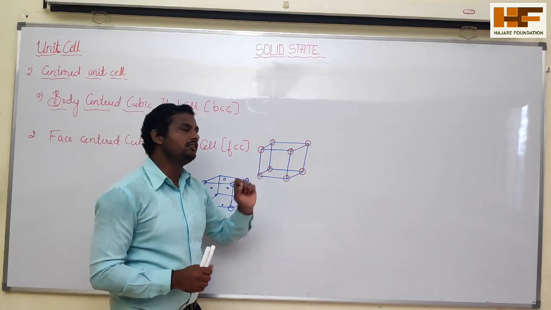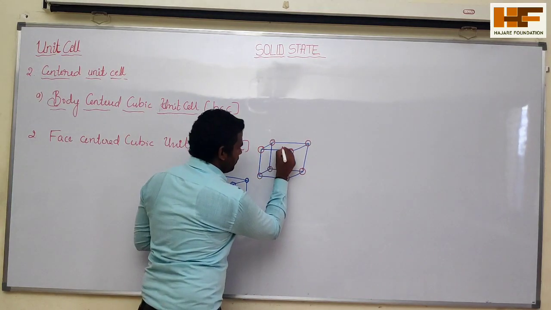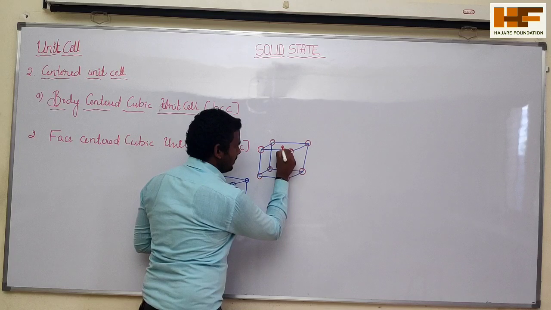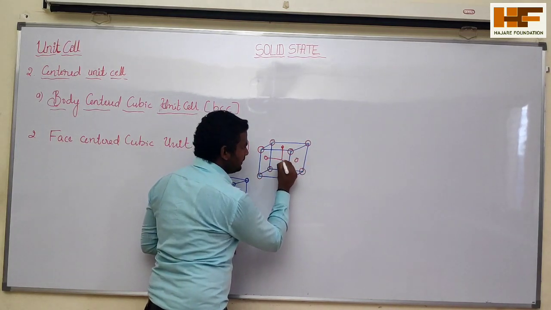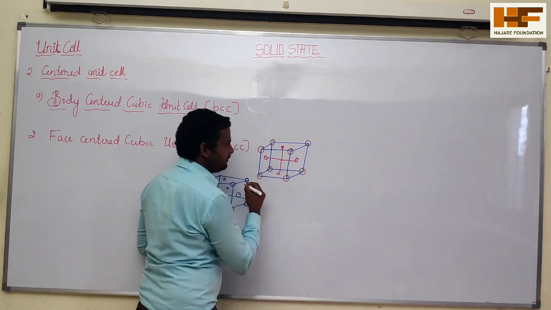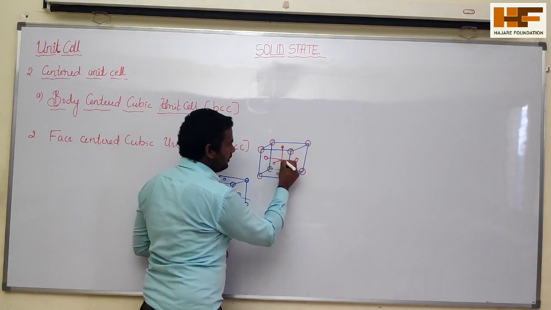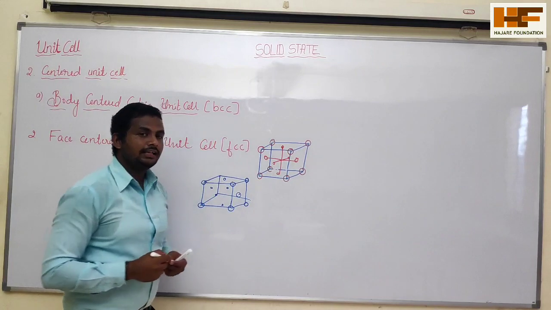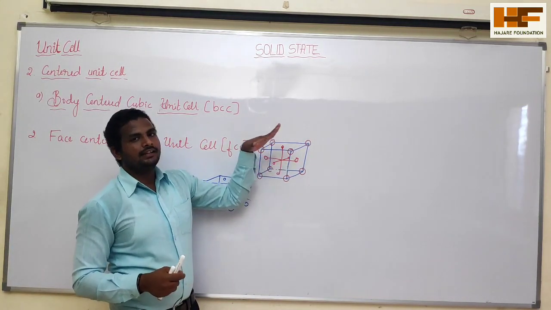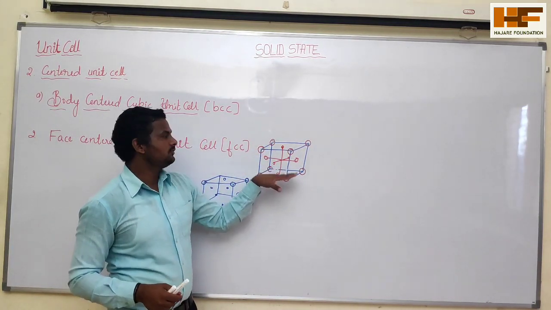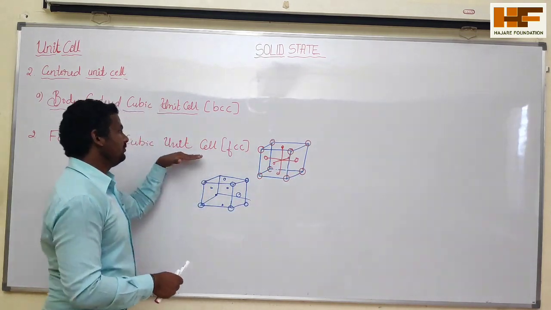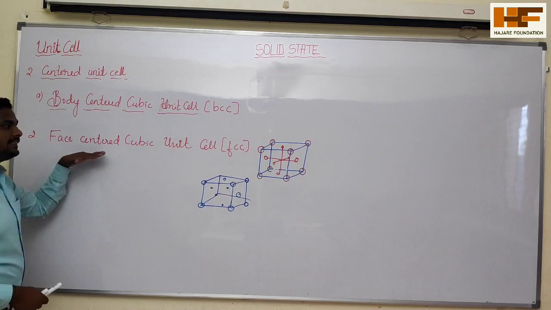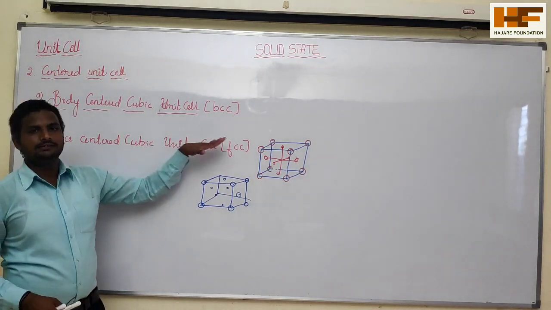Suppose I draw here, one particle at the center of this face, one in this face, and one in this face, as well as front one and back one. So like this, we have 6 faces with 6 constituent particles as well as the corner particles. This type of unit cell we call a face centered cubic unit cell.